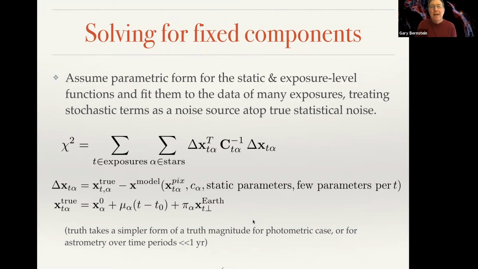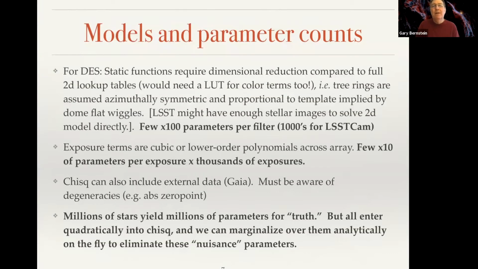Okay, so we just have to minimize this chi-squared. So let's think about the parameter counts. The static functions are things like polynomials across the array for astrometric distortions or scattered light in photometric cases, things like that. And you have things like the positions of each of your CCDs or color terms that are specific to each of your CCDs.